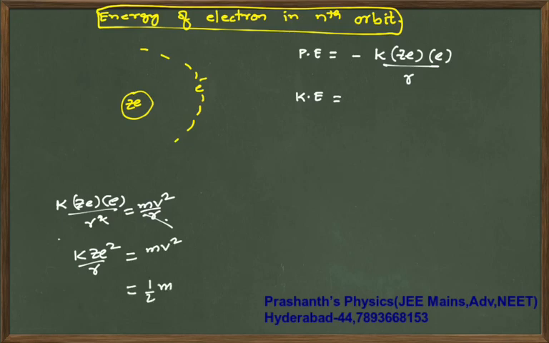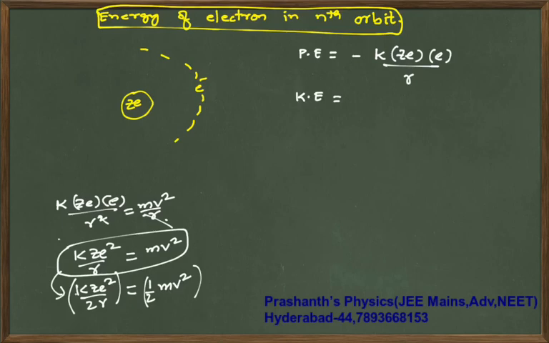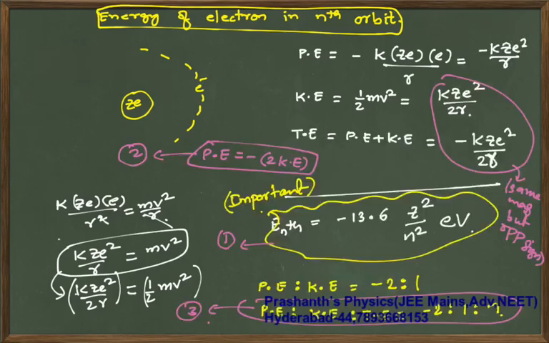Multiplying by 1 by 2 on both sides, half mv square becomes k z e square by 2r. So your kinetic energy is half mv square, which is equal to k z e square by 2r. Like this you are supposed to calculate your potential energy, kinetic energy and total energy. I have stuck to the basics only.